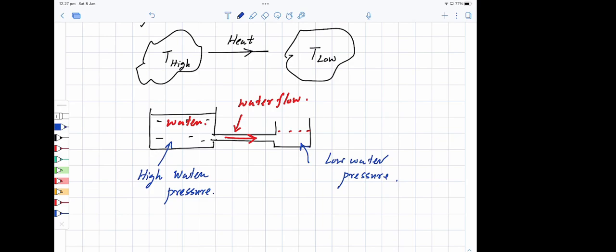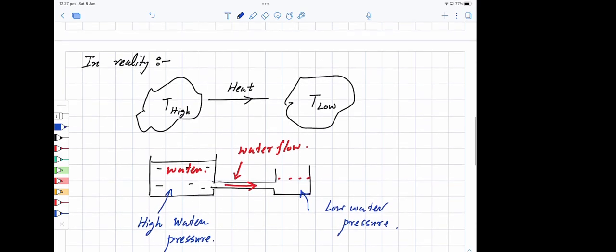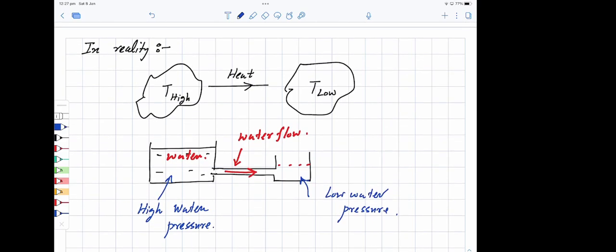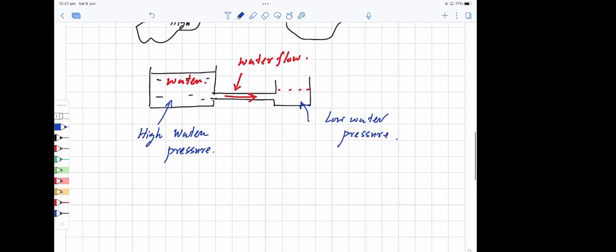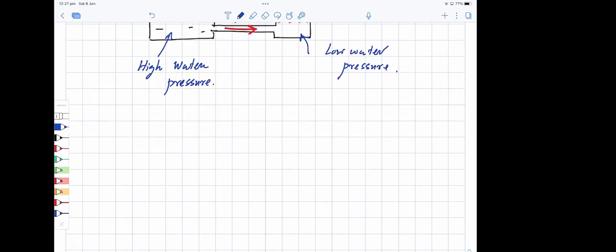That's why water tanks are on top of your roof: on top of the roof it is high pressure, and when it comes down it is low pressure. So in reality, in practice, things flow from high to low. Now we will go into electricity.